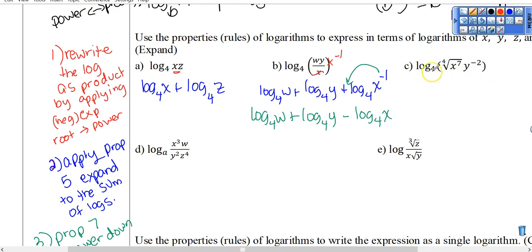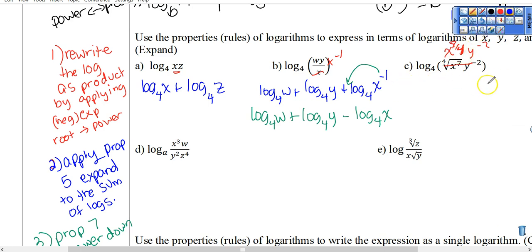So C is already the log of a product, but here we have a problem because we have a root. We need to convert this to a power. Okay, I don't need to convert this to a power. It's already to a negative 2, but let's convert this. So I would rewrite this as x to the 7/4 y to the negative 2. And that's a 4, not a y. Okay, so I'm just going to rewrite that and remove the fourth root, excuse me.